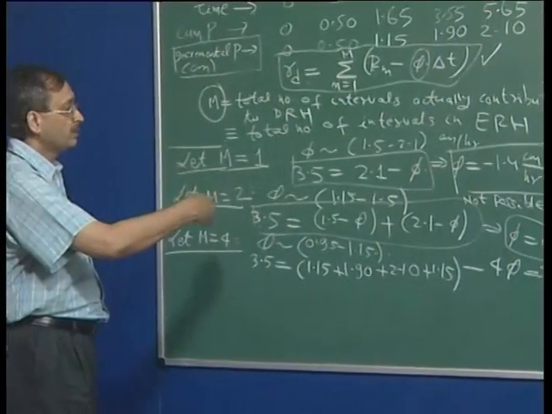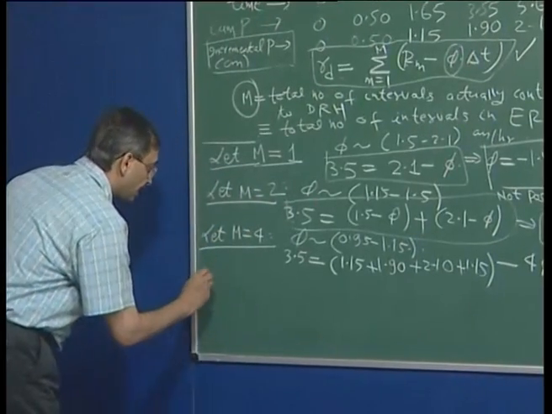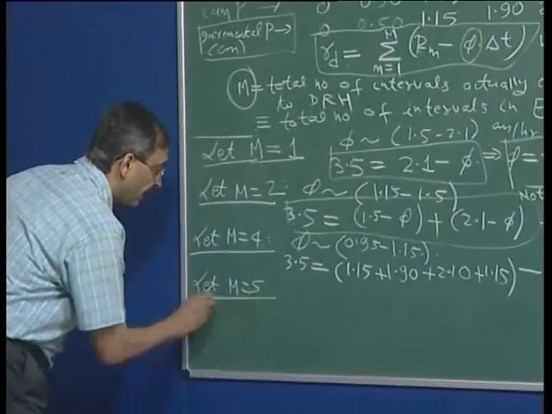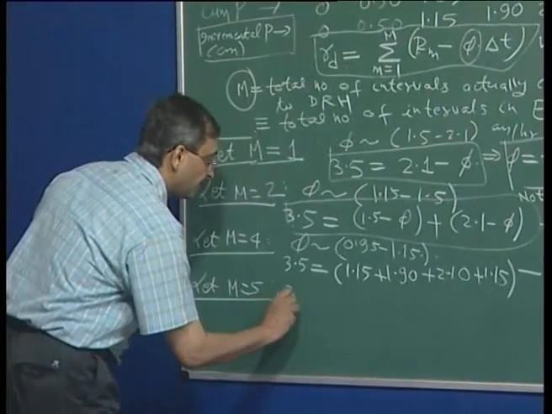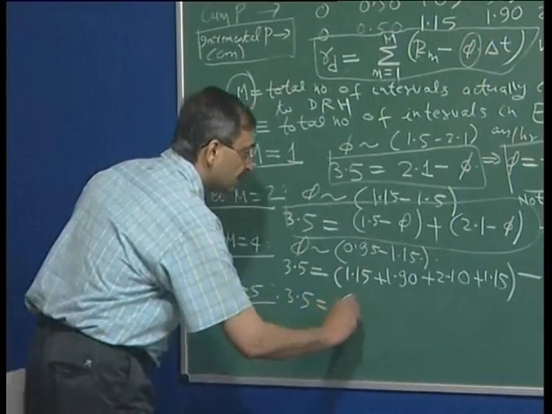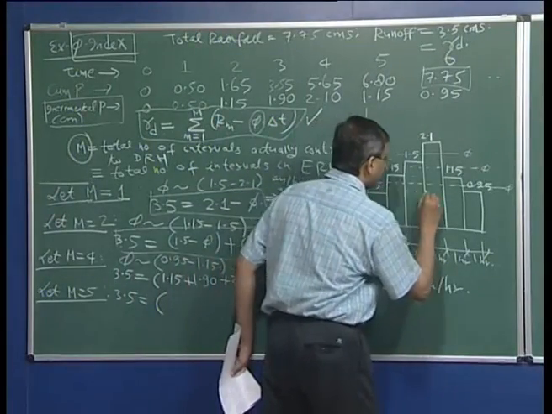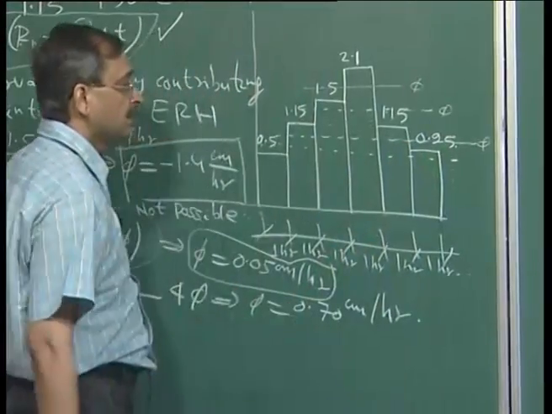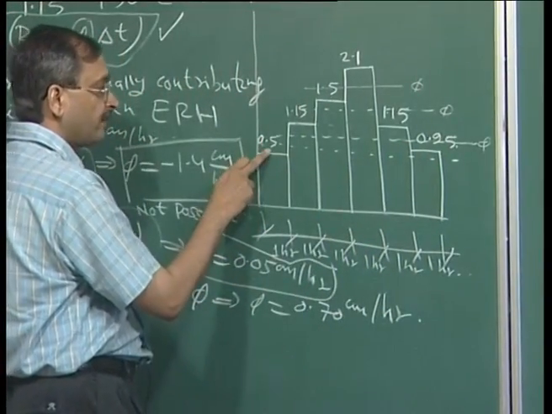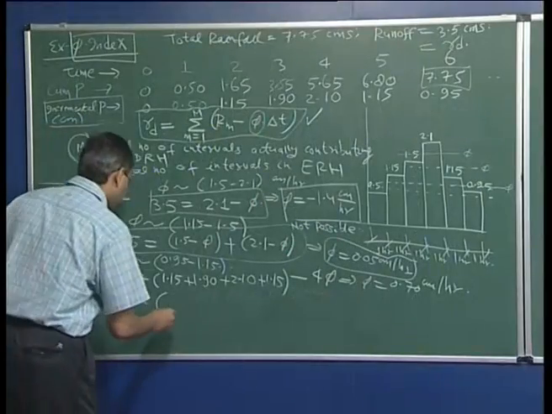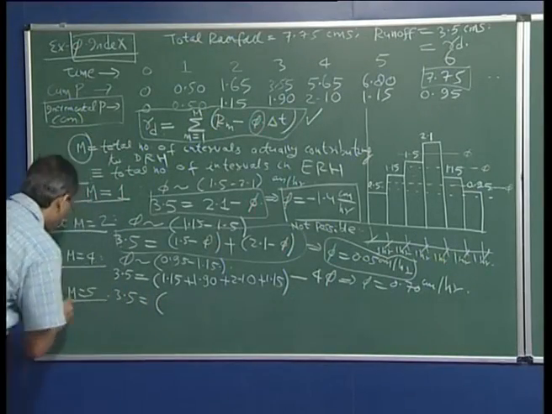So, what you do is you increase the value. In the next trial you say m is equal to 5, so you will have your line here, this also goes in. So, the phi will be between 0.5 and 0.95. Let me just do it here.